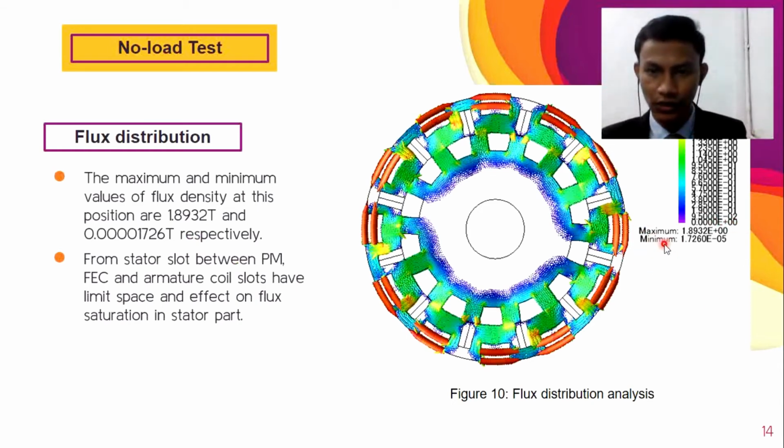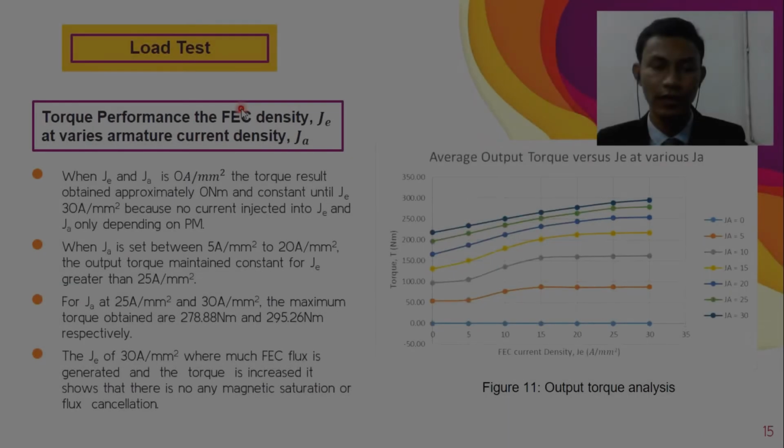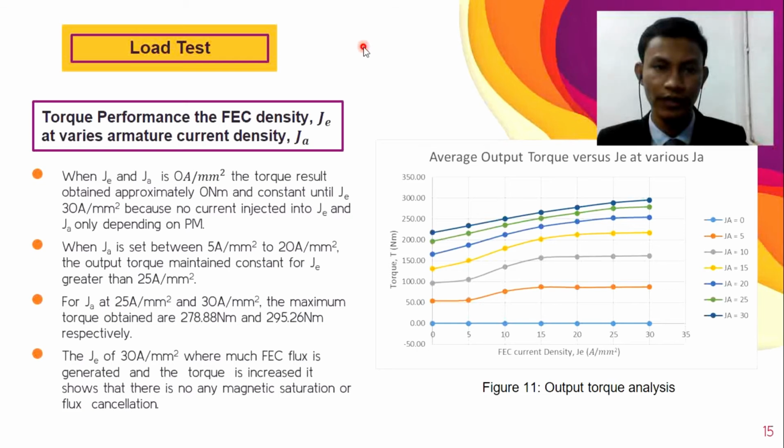So we can see here very much flux saturation at the FEC. So flux saturation will affect the performance of the motor, and also will give flux cancellation to the motor.